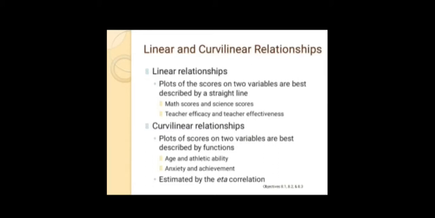Curvilinear relationships, plots of scores on two variables, are best described by functions. The first is age and athletic ability, and the second is anxiety and achievement, estimated by the eta correlation.